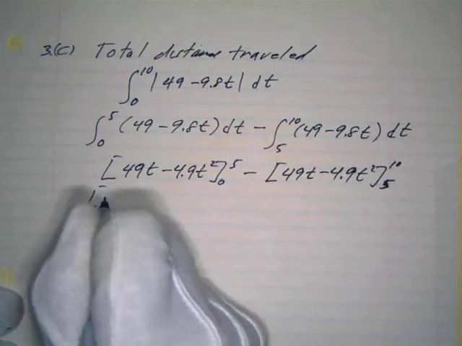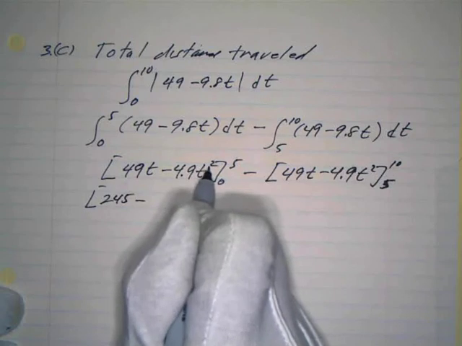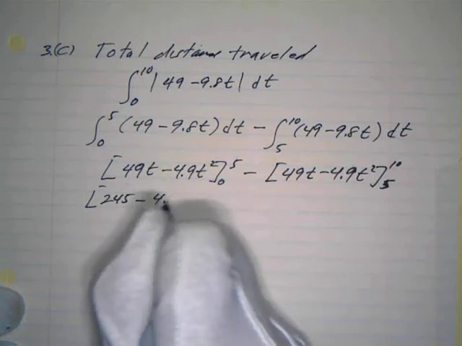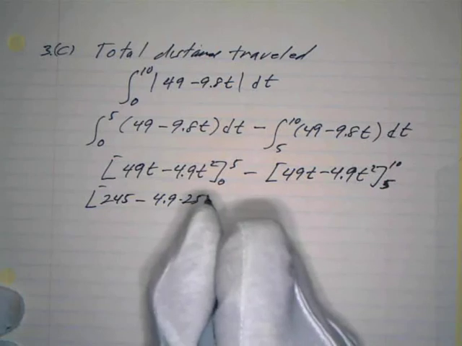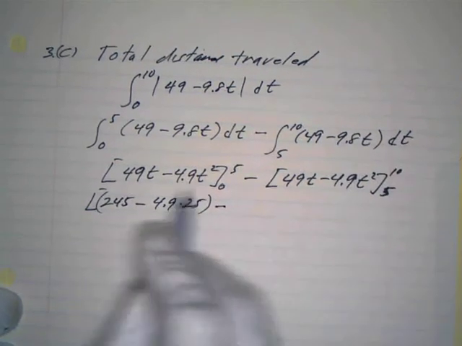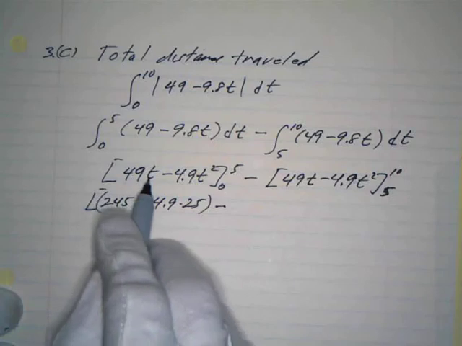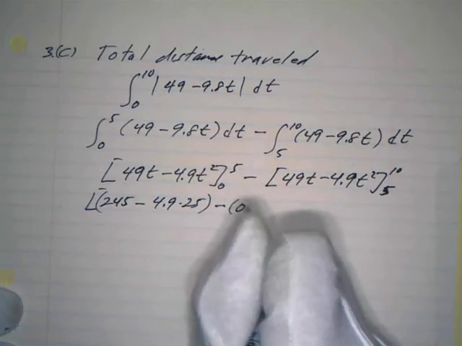If I put 5 in here, I get 49 times 5, that's 245, minus 4.9 times 5 squared, which is 25. And if I put 0 in here, I get 0, so that's minus 0.